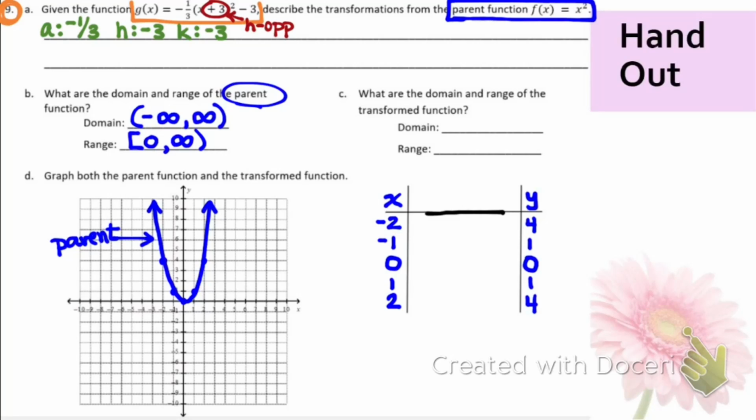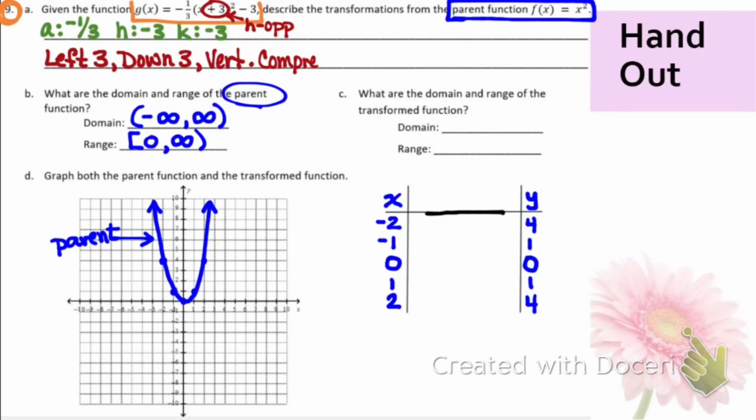All right. Let's see if we can describe this transformation. What's H doing to my graph? It's going left. Left 3. What is K doing to the graph? Down 3. Get the easy ones out of the way. A is the thing that I think looks like a mess. There's two things going on with A. It's going to be compressed. Why? Because it's a fraction. Vertically compressed. And it's going to be reflected over the x-axis. Why?